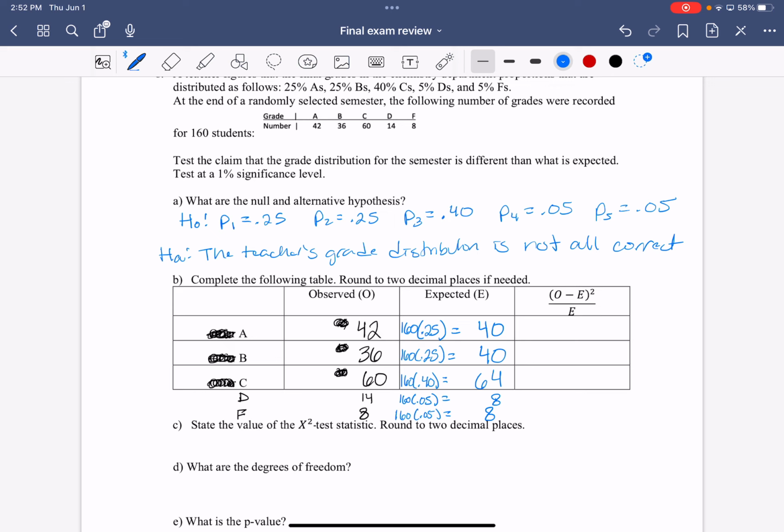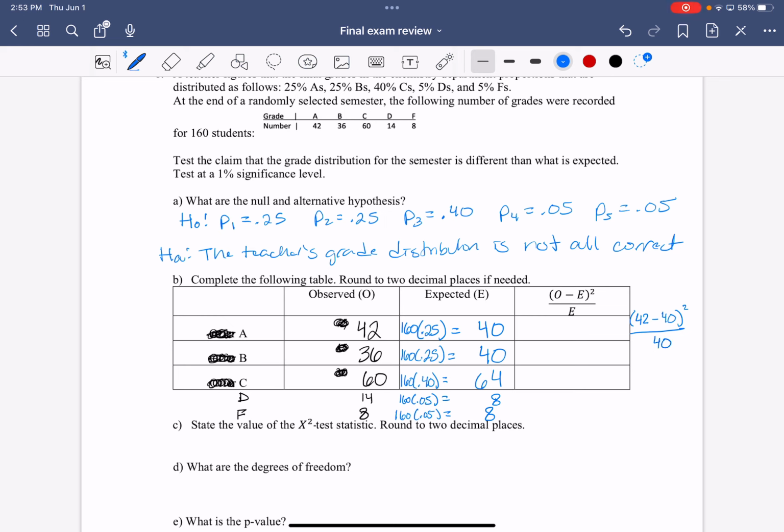And so these numbers up here, this is our observed, right? Correct. In that little mini table. Once again, we take this data and substitute it into this formula to get the contribution of each category, where O is the observed, E is the expected, and you do them one at a time. So first for the A's, I'm just going to do the first one, writing it out. It'll be 42 observed, minus the expected 40, quantity squared, all over E, which was 40.